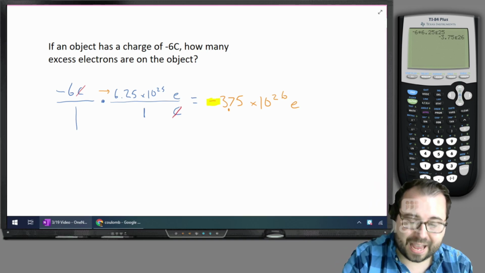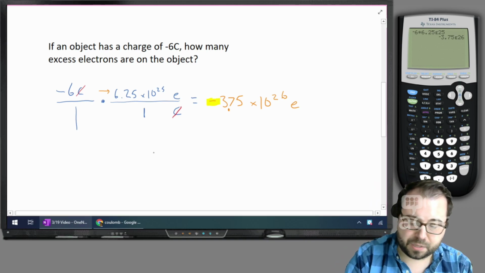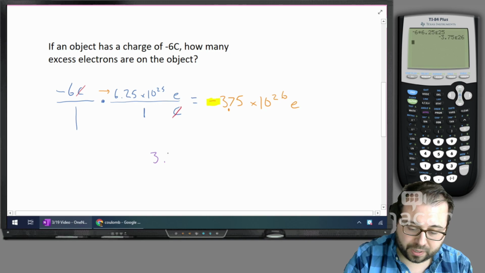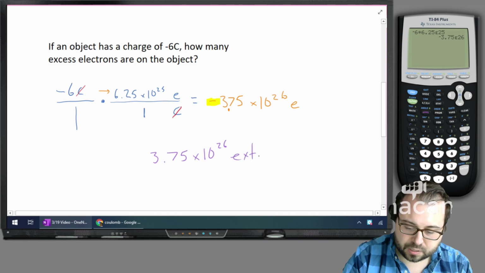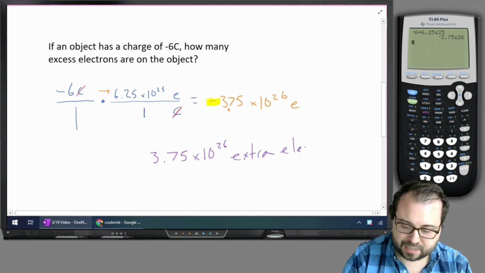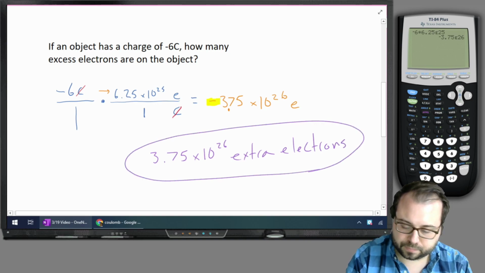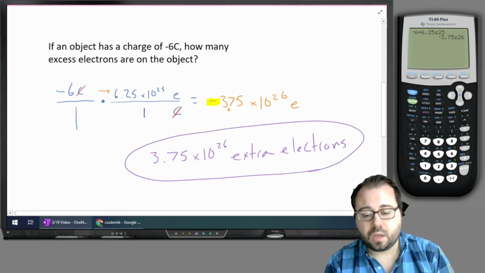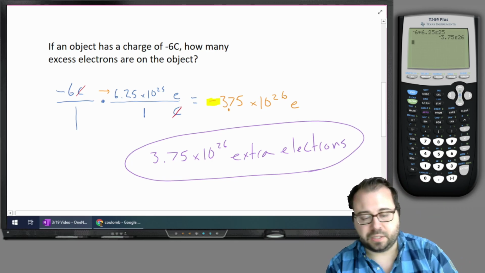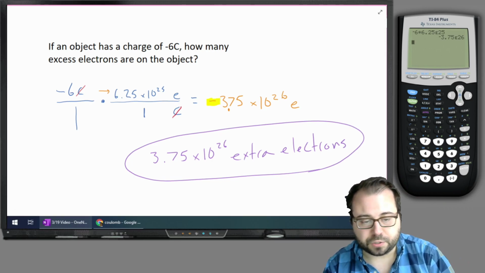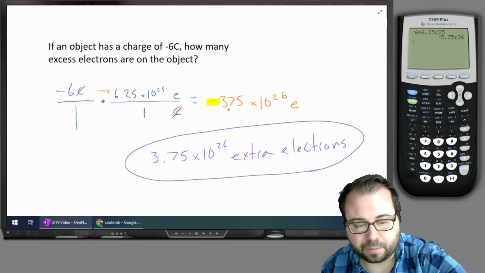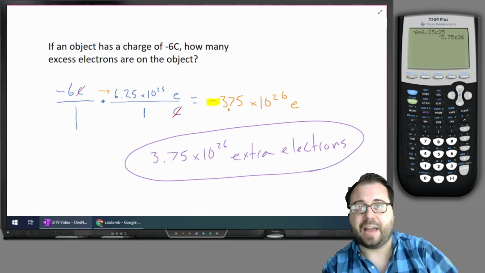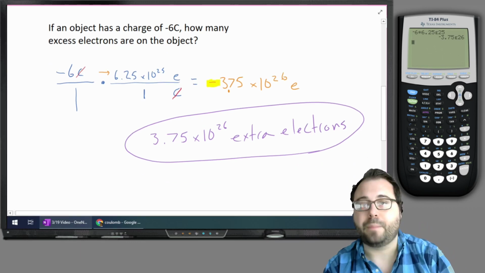So how many extra electrons do we have? This means we have 3.75 times 10 to the 26th extra or excess electrons. And that is our answer there. So hopefully that was a pretty easy and straightforward conversion. If we got a positive number, we would know that we were missing that many electrons.